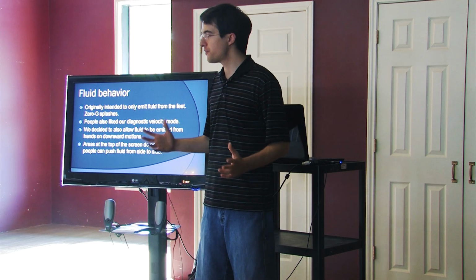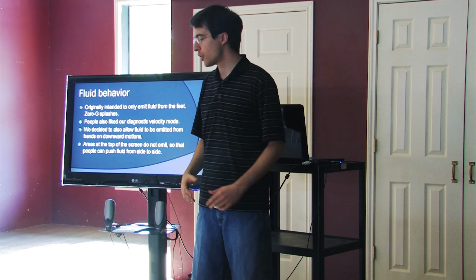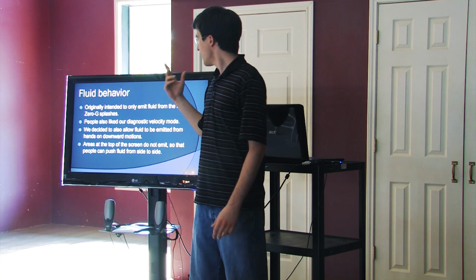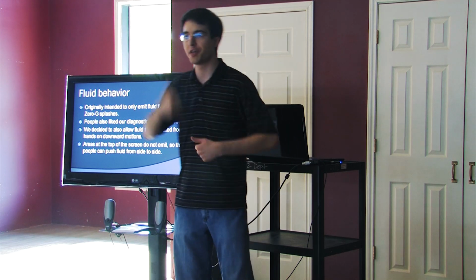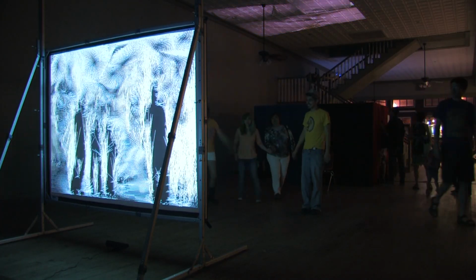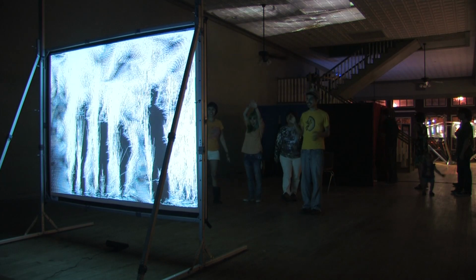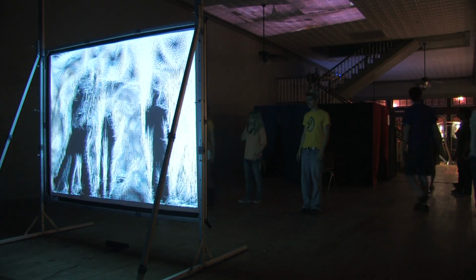And we found it was really fun to have people's hands also emit fluid. Then we also showed to our class our diagnostic velocity mode, which is like vectors everywhere. It wasn't part of our original design, but people thought, hey, that looks really cool. And so we decided to incorporate that into the final piece as well.